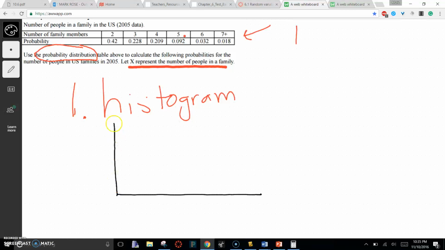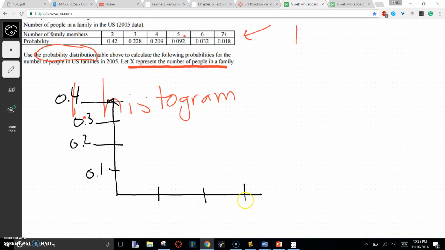We're going to kind of rough sketch this. This is going to be a real rough sketch, but again, you're just going to make your intervals. We'll make this a midpoint histogram.